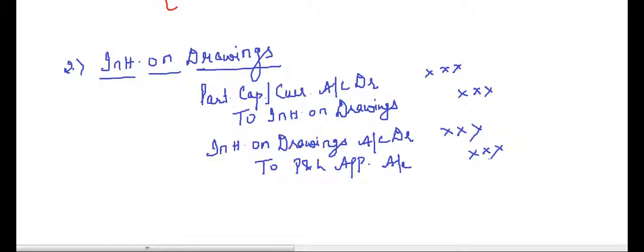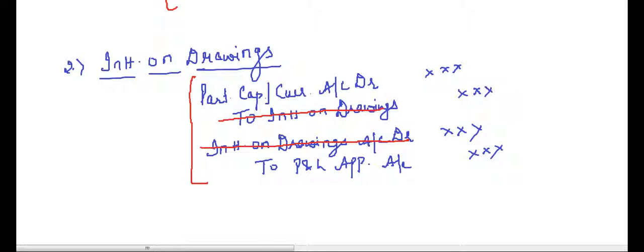Now let's see the net result. We will cancel out the credit of interest on drawings with the debit of interest on drawings.